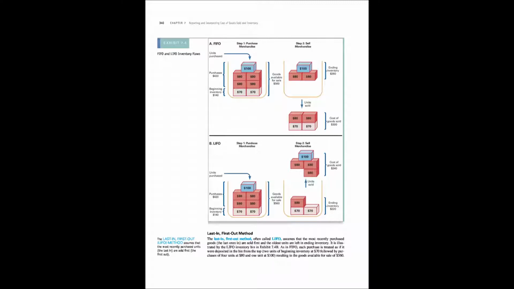So in this case, we use FIFO. So 1,000, 2,400, and 1,600. We have 200 from this inventory.